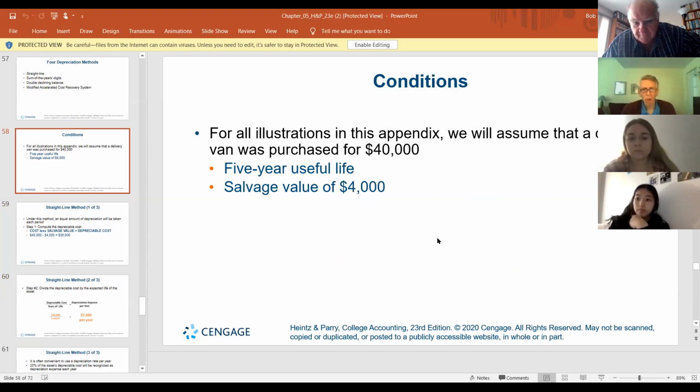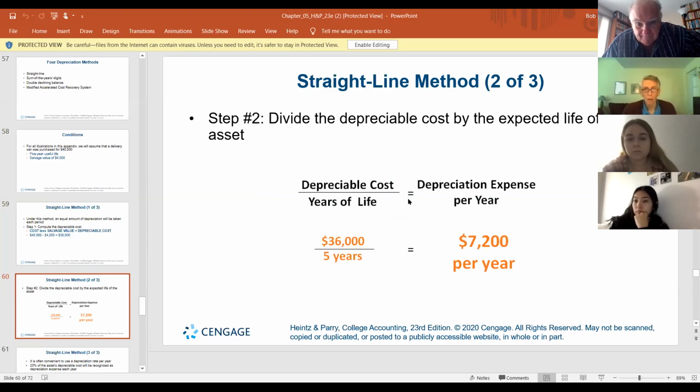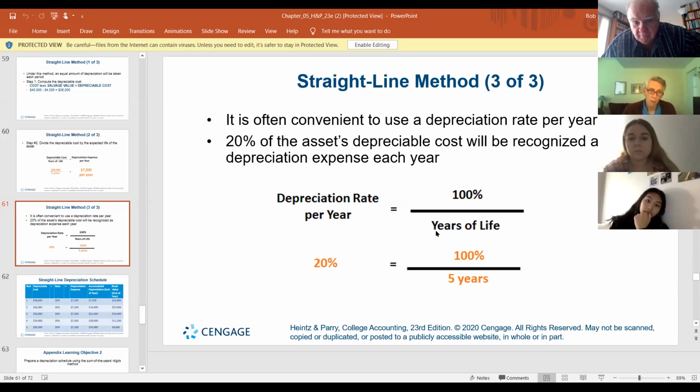Let me just back it up again. Salvage value is 4,000, which we don't depreciate. Subtract it. What we do depreciate is 36,000, and we divide it by 5 years. We get $7,200 a year. That's going to be our debit to depreciation expense and our credit to accumulated depreciation, or $600 a month if you want to do it by months, okay?